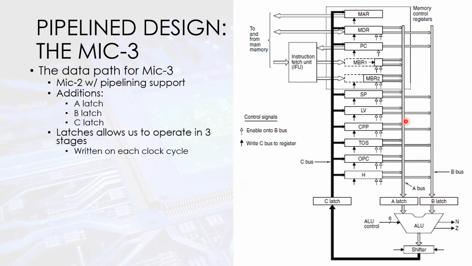But remember, these lines are like buses. I think these are 16-bit addresses or something like that, 8 or 16. And so these latches are going to be 8 or 16 flip-flops, depending on however big these particular lines are. Just to make that clear.